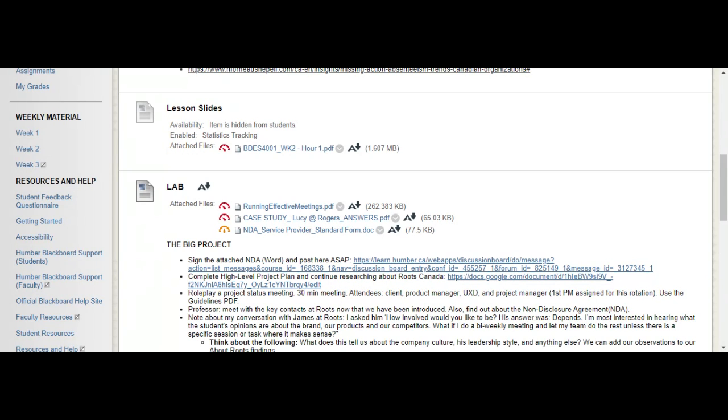Then tomorrow, we're going to talk about the high-level project plan. As I said before, we have a kickoff meeting with the client next week, hopefully. I'm meeting with them on Thursday, but it's an introduction. Next week we will have a formal kickoff to welcome them, welcome the team, and introduce yourselves.